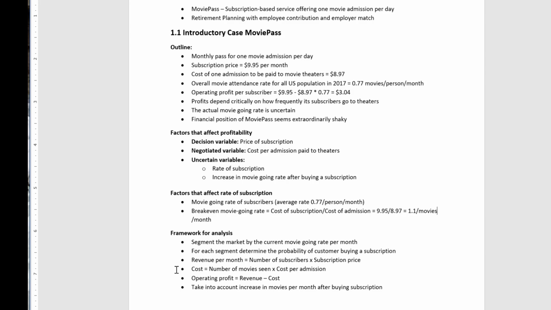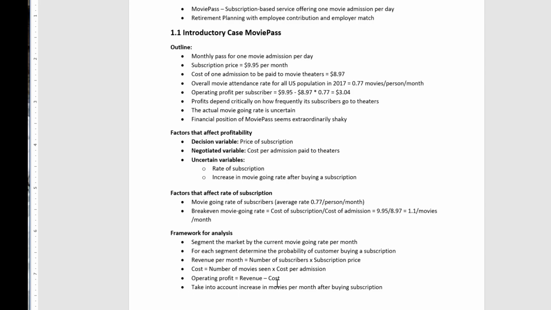And then we have to model cost, which will be how many movies in each of those segments they will actually see. So number of movies seen in each segment times the cost per admission, which is $8.97 at this point. And then your operating profit will be revenue minus cost.